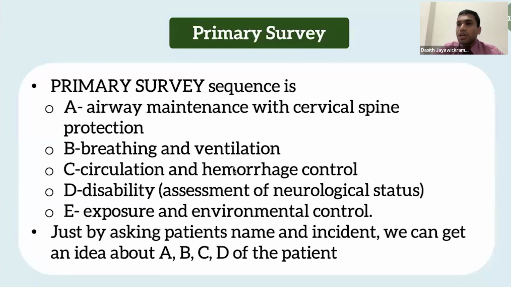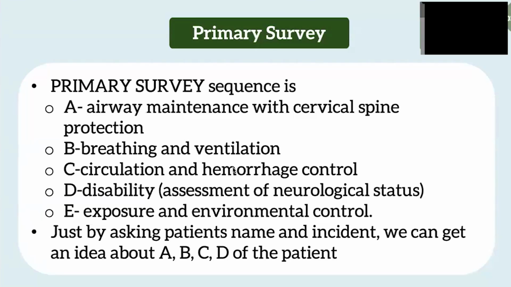We should always keep in mind that the cervical spine could be damaged in a trauma patient, so we handle the airway and give airway maintenance while protecting the cervical spine. Then we go into breathing and ventilation. Then comes circulation and hemorrhage control. Then comes disability, which assesses the neurological status, and then exposure and environment control.